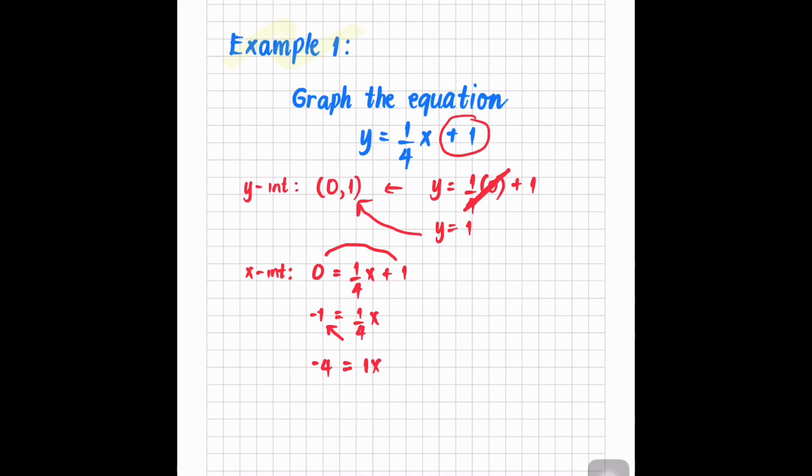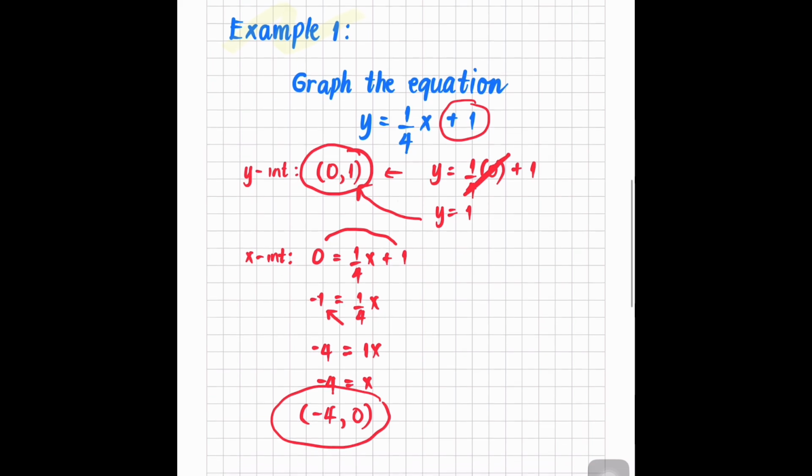So the value of x is negative 4, and our x-intercept is at negative 4, comma 0. So we already have the information that we need: the x-intercept, negative 4, comma 0, and our y-intercept, 0, comma 1. And we're ready to graph.